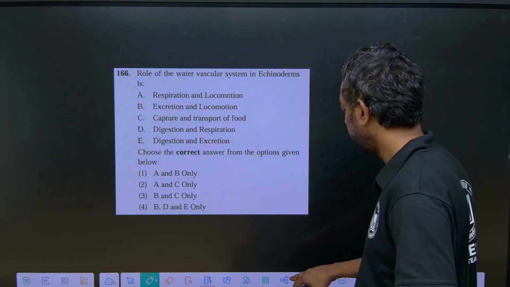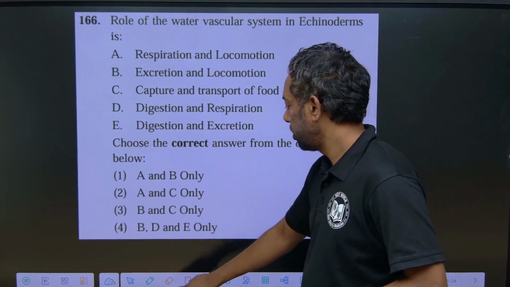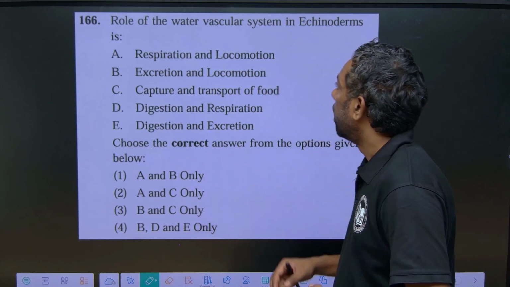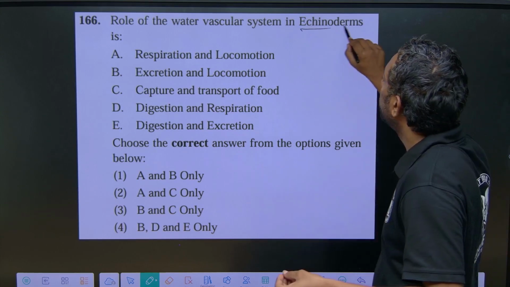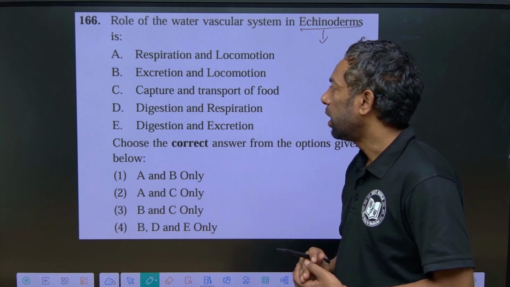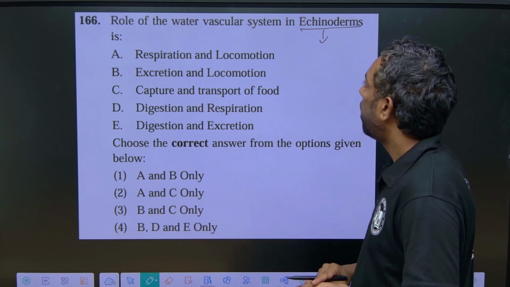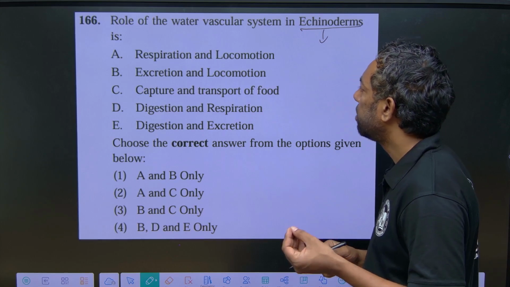Next question. Role of the water vascular system in echinoderms. This is the question from animal diversity, second part, which is echinoderms. It is very simple.